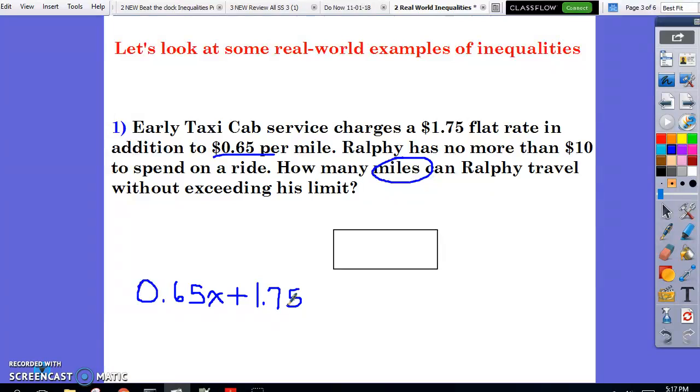Now he can spend no more than $10. So that means he cannot go above it. So he must stay less than or exactly equal to $10. Now I have an inequality that I can put in Desmos.